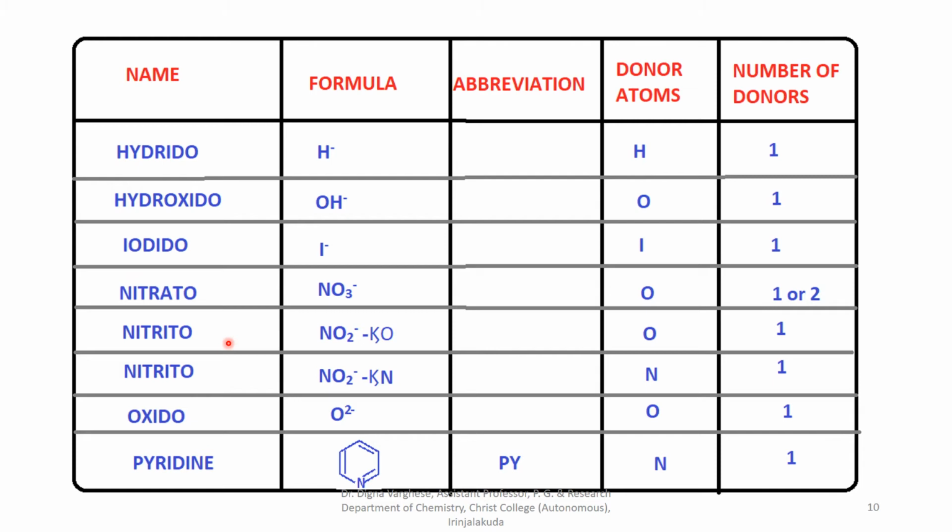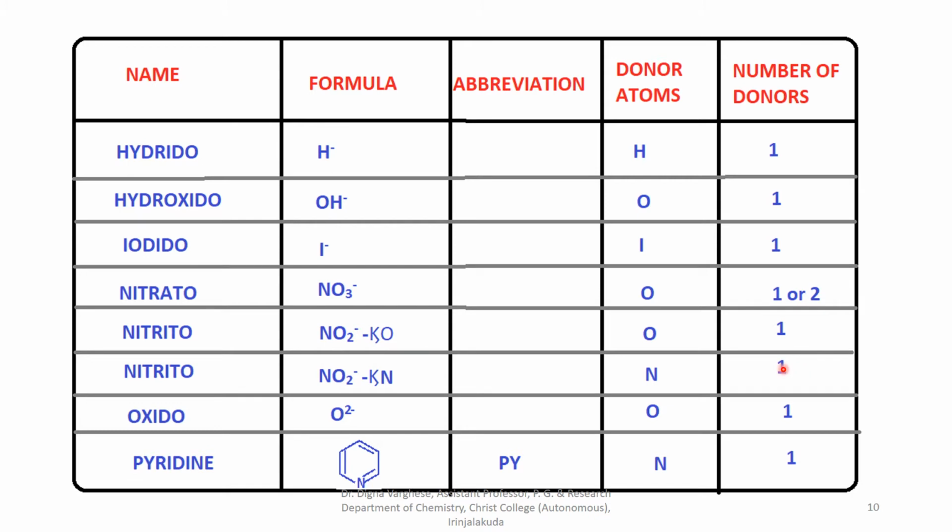Another one is nitrito, NO2 minus kappa O. That means oxygen is the potential donor atom and here only one donor site. Nitrito, NO2 minus kappa N. This means that nitrogen is the donor atom and number of donor site is 1.